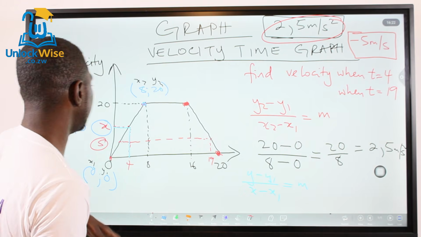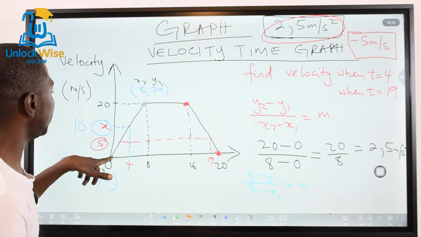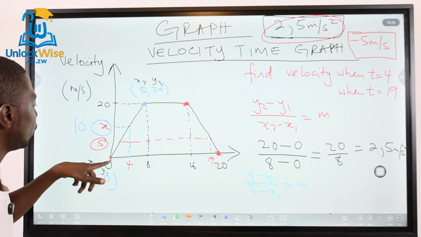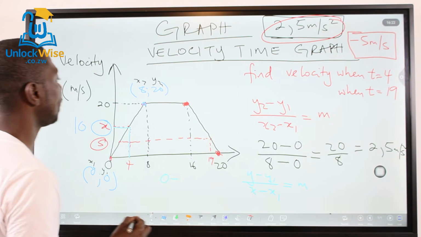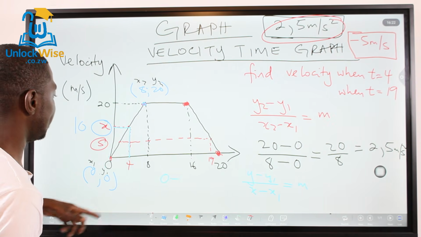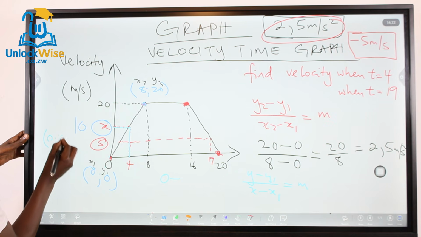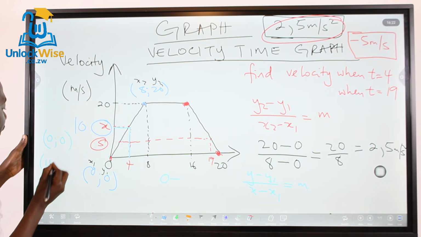Now I want to show you this. You can pick any point here. You can even take this one or this one. I will take this one with 0, 0. And the other one is 4, and the y value is the one I don't know.